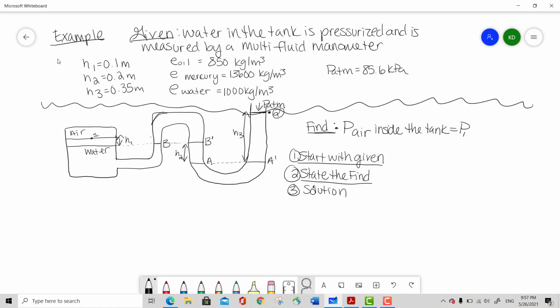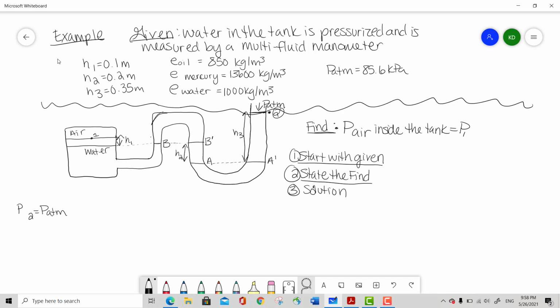Okay. And so I'll move right here, and I'm going to start at pressure 0.2. So P2 equals atmospheric pressure, right? Because if we're at 0.2, we're starting our little dive through the manometer. So if we're standing right here, we are at the point of the water.